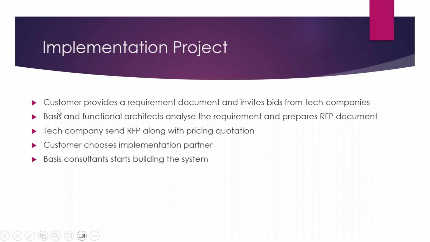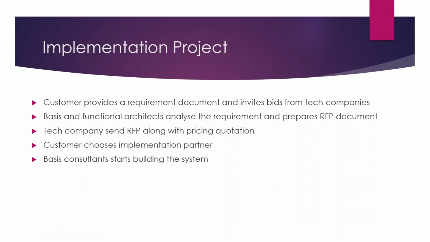Let me run through the life cycle. The customer provides a requirement document and invites bids from the tech companies. They say, I want to implement SAP in my system, so I'm going to create a document with all my requirements and send it to tech companies and invite bids. Then basis and technical and functional architects will analyze the requirement document and prepare an RFP document.